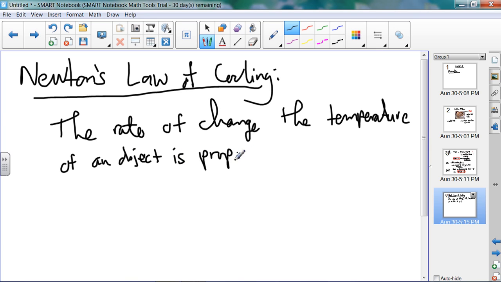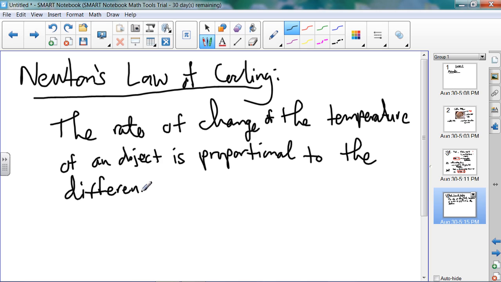So let's read this off here. The rate of change of the temperature of an object is proportional to the difference between its own temperature and the ambient temperature.